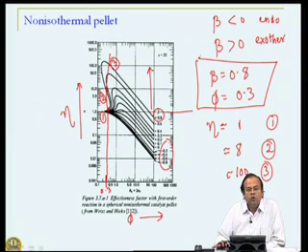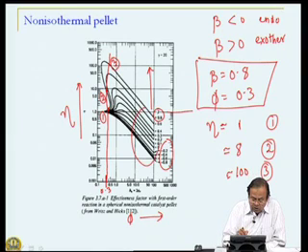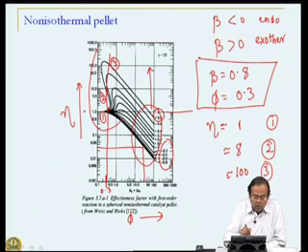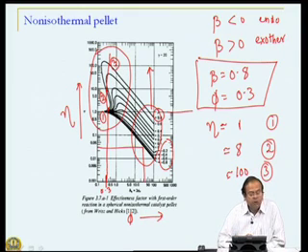But then how come we do not have a unique solution? If you look at solutions in this regime, these are all unique solutions. Given a value of Thiele modulus, I have an effectiveness factor. But in this particular regime over here, there is a possibility of multiple steady states.